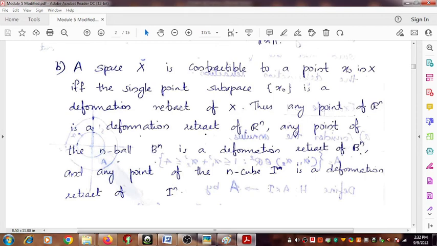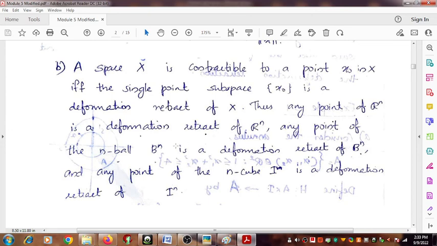Thus, in the general setting, we can say that Rn, the Euclidean n-dimensional space, can be deformed to a single point which is present in Rn. So any point of Rn can act as the deformation retract of Rn.